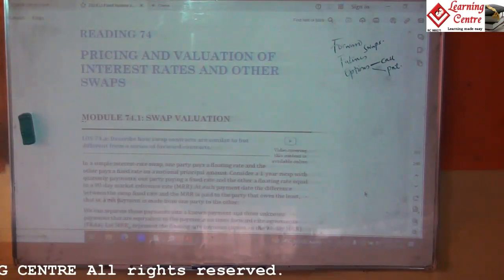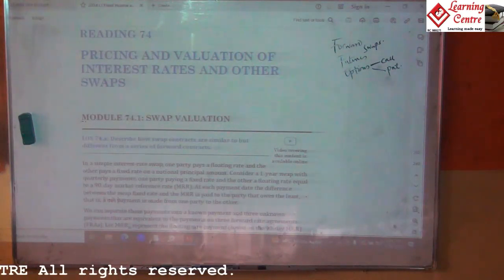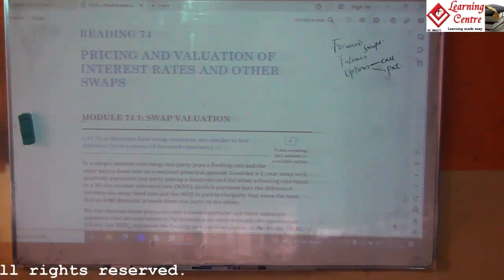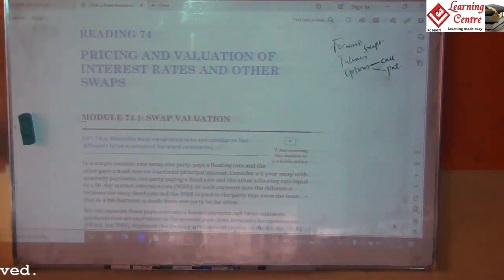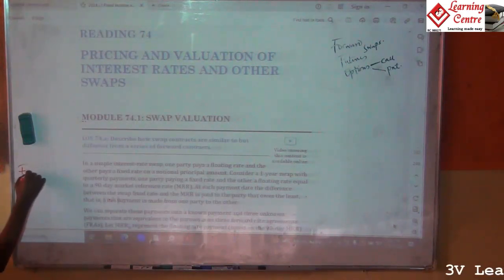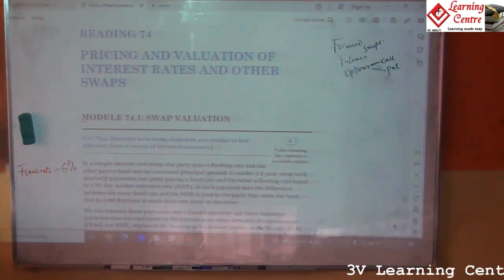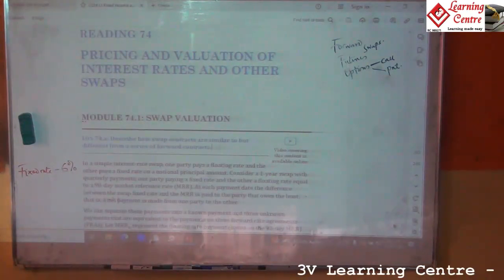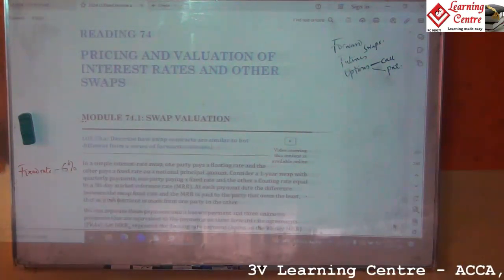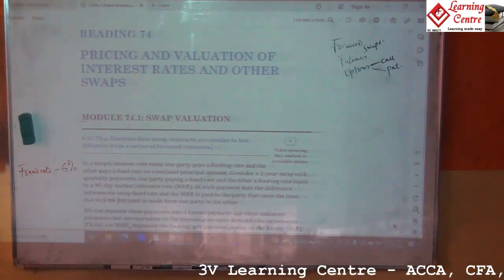We said a swap contract is a contract where I'm paying interest of, for example, a fixed percentage, let's say 6%, a fixed rate. I borrowed money from someone and I'm paying 6% interest every year.